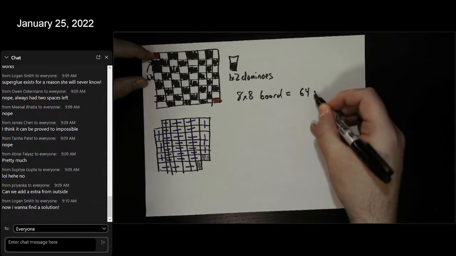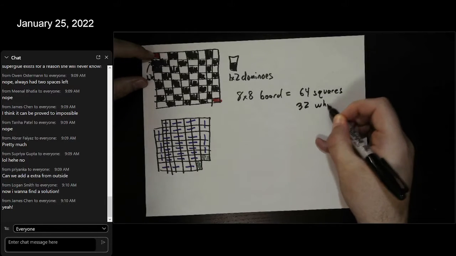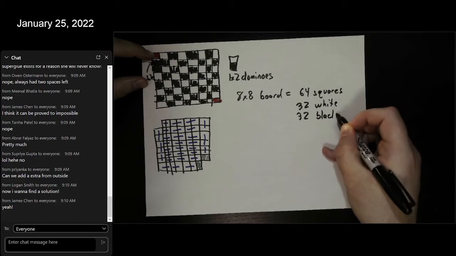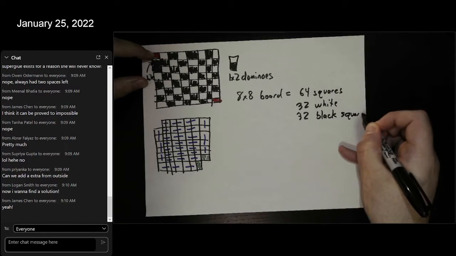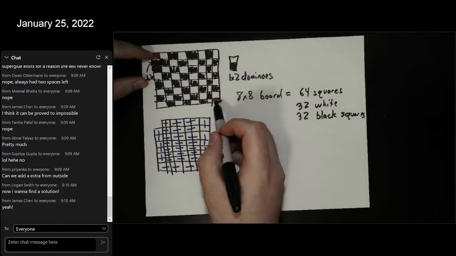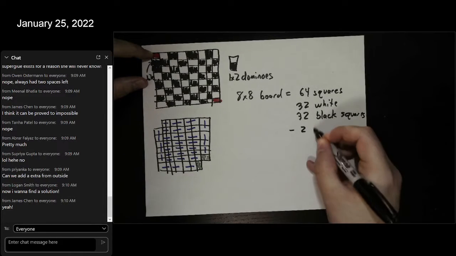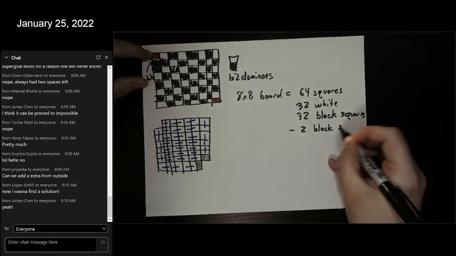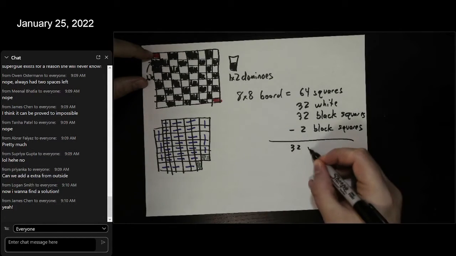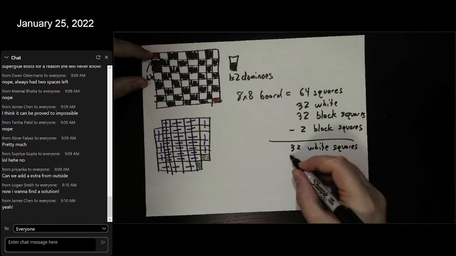So originally, I had an 8x8 board. That's 64 squares, of which I had 32 white squares and 32 black squares. When I cut out the two opposing corners, those were both black squares. So what's left? I've got 32 white squares, but only 30 black squares.